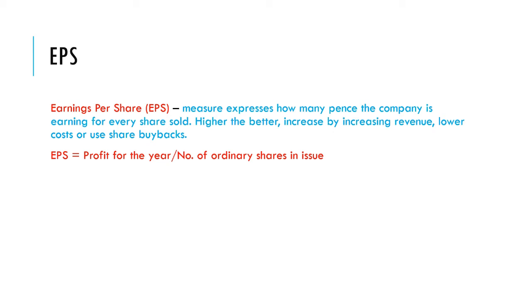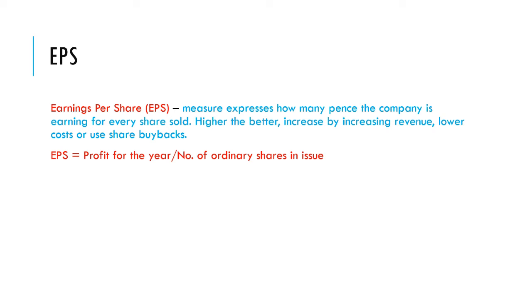The difference between earnings per share and return on capital employed is that earnings per share is the actual price they are making. So how many pence the company is earning for every share sold. So if the company is issuing 1,000 shares, and they make, say, 600, that means they're making 600 pence, aka £6, for every share they sell.